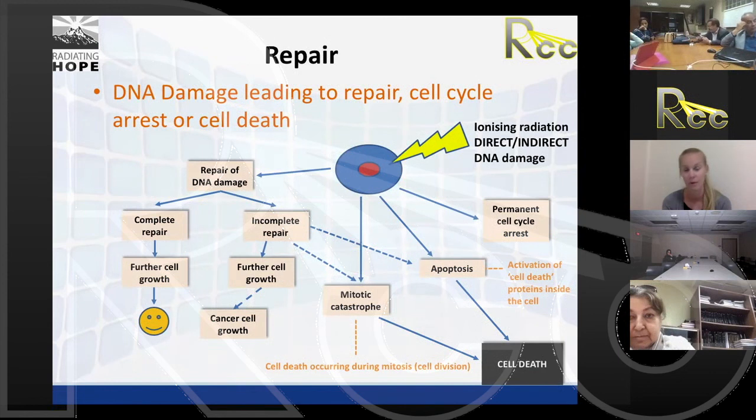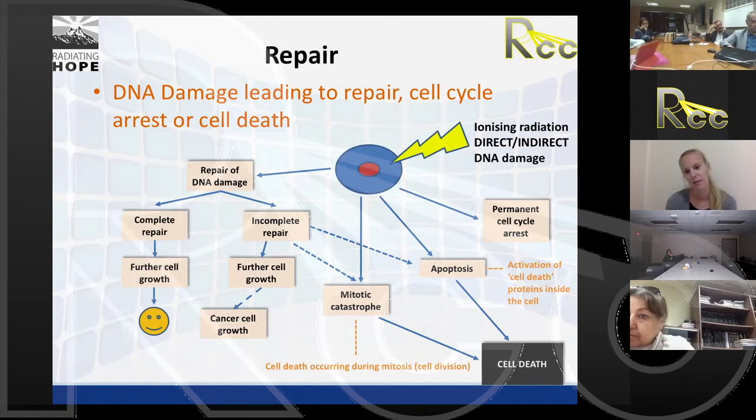So the cell won't repopulate, it won't divide, won't multiply, and eventually the cell will die. You can get what's called apoptosis, and this is activation of a sort of cellular death protein within the cell itself, and this will cause the cell to die. So that's another thing that can happen as part of the ionizing radiation.